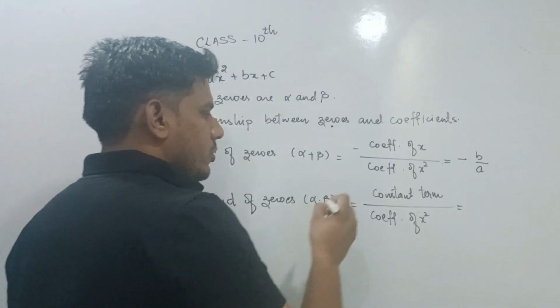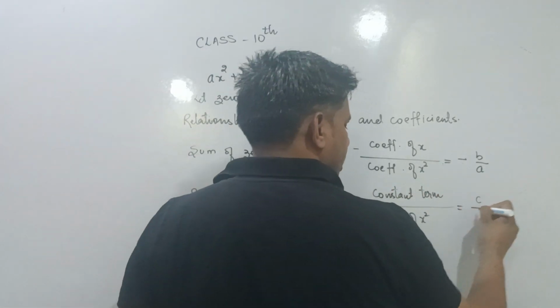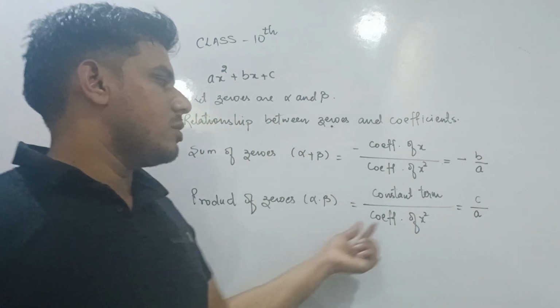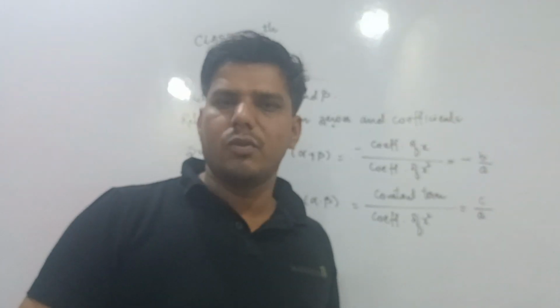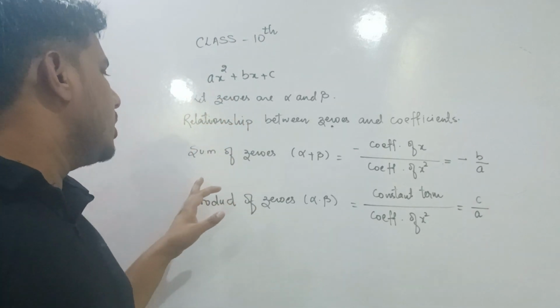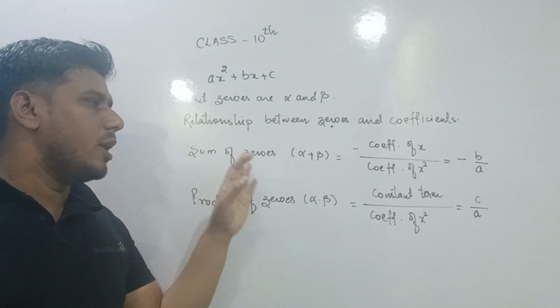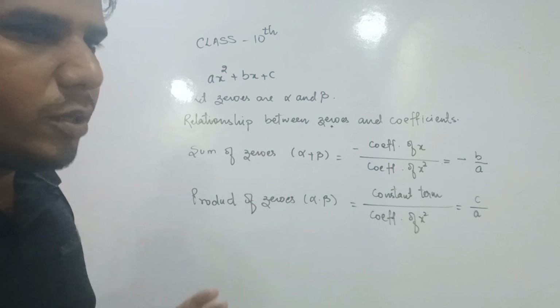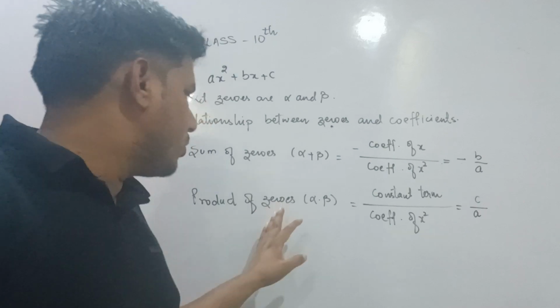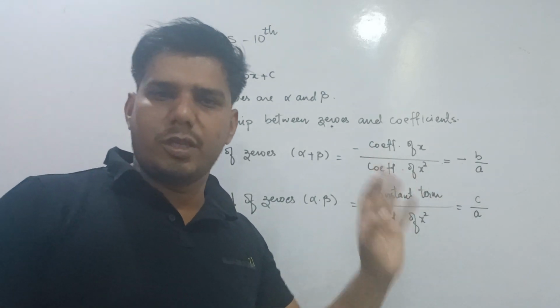So here we have constant term as c, and coefficient of x square is a. So the product of zeros is c upon a. Alpha into beta is equal to c upon a. So now we have two relations between the zeros and coefficients of a quadratic polynomial. First one is sum of zeros, that is minus b upon a, and product of zeros, alpha into beta, is equal to c upon a.